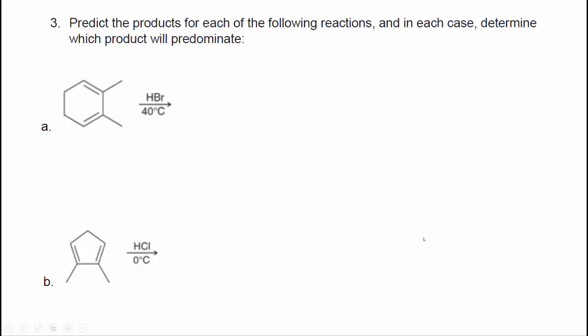All right, so what are other products of these reactions? We have specified warm here. This is the thermo product.